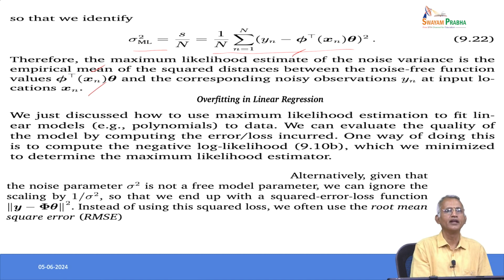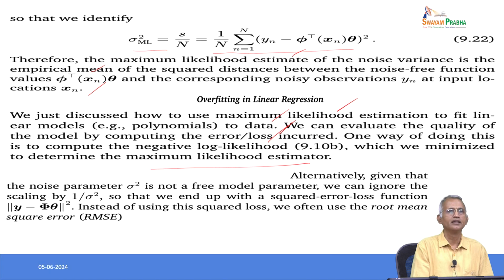Next, overfitting in linear regression. We just discussed how to use the maximum likelihood estimation to fit linear models, for example polynomials, to data. So, we can evaluate the quality of the model by computing the error or loss incurred. One way of doing this is to compute the negative log likelihood, which we minimize to determine the maximum likelihood estimator.